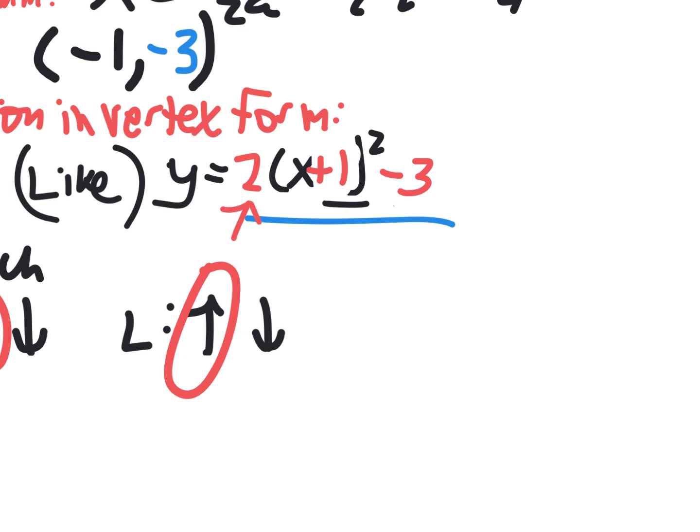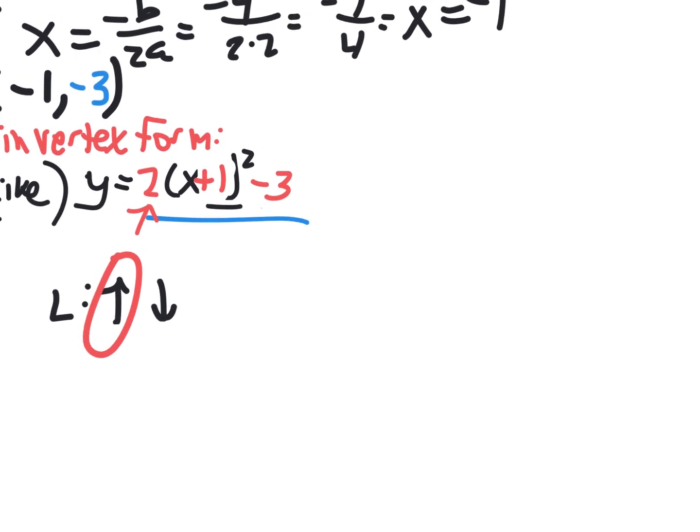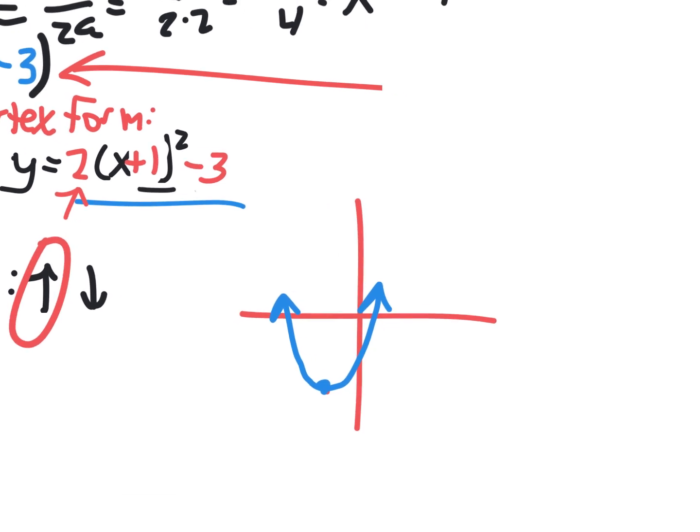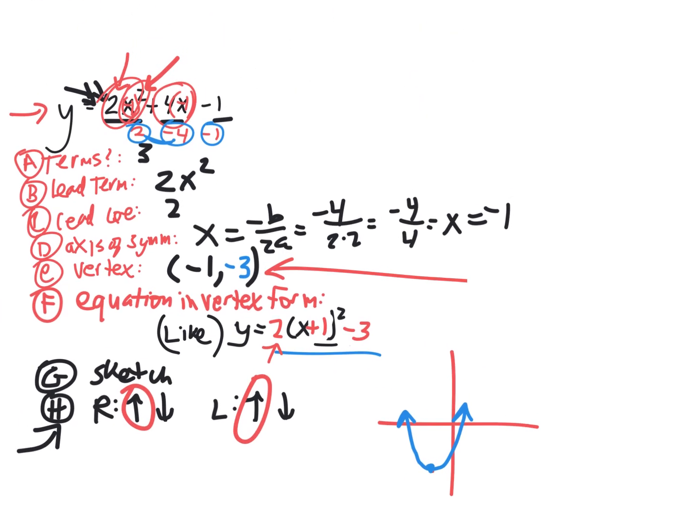So, all right. Next up is sketching it. If I know that its vertex is negative 1, negative 3, then I'm down here, and this is a right side up parabola because there was no negative in the front. So it looks something like that. Now, could I ask you for the x-intercepts? Yes, I could, and that's what I'm going to do now.